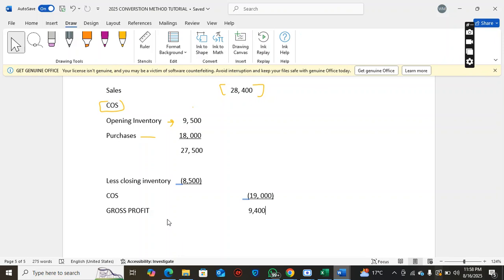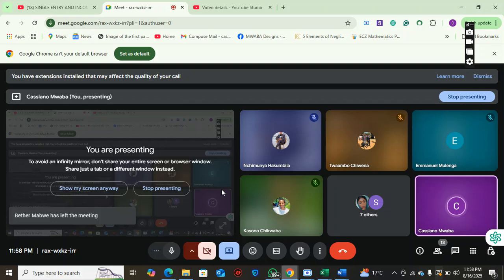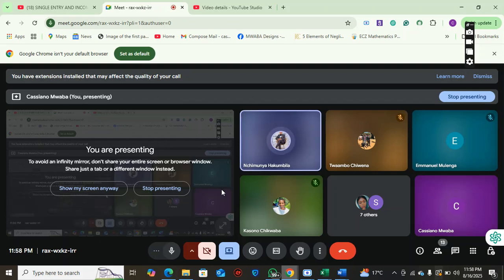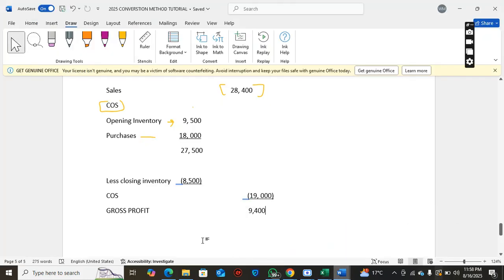After you get it, no. The expenses, yes, are coming, but there's something that comes before expenses. Yes, add other income.